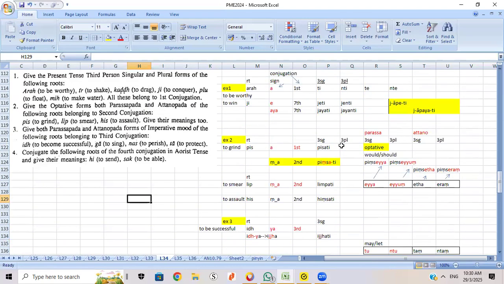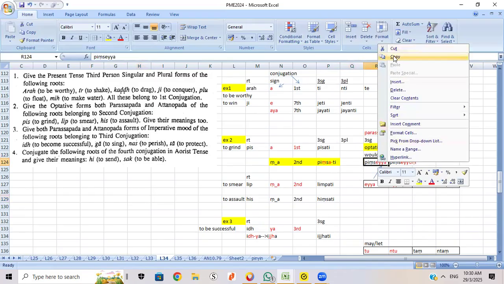Any question up to this junction? Perhaps I do one for you. Let me open the book. Optative, optative. I don't know what page. What we can do to make things faster, you just copy.